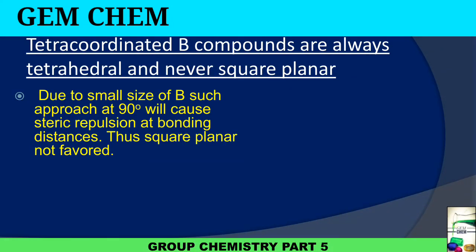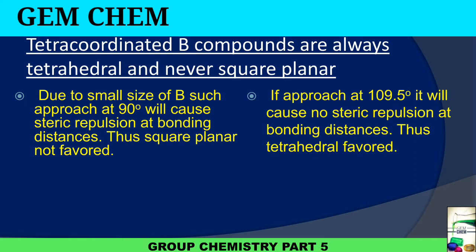Due to the small size of boron, such approach at 90 degree will cause steric repulsion at the bonding distance. Thus, square planar geometry is not favored. Whereas, if the angle of approach is 109.5 degree, such steric repulsion at bonding distances will be absent and hence the tetrahedral coordination is favored.